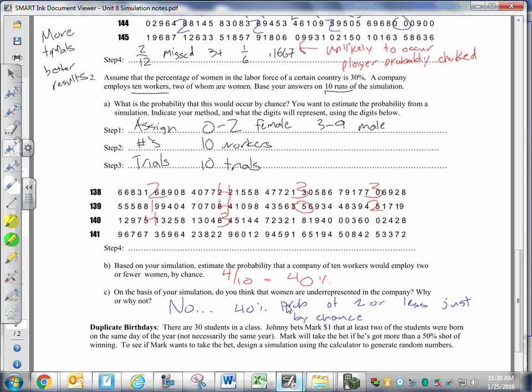If it was closer to like 20 or 10, I would say yes, they are underrepresented. It's very unlikely to have 2 or less women. Kind of want it to be around 50, but we won't see that unless we look at 3 probably.